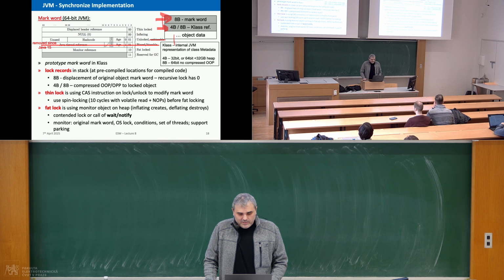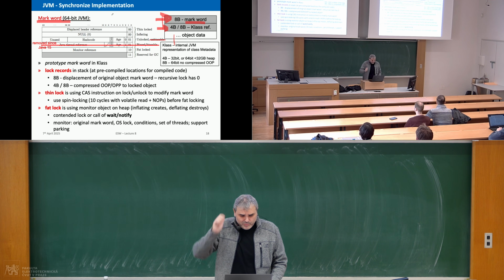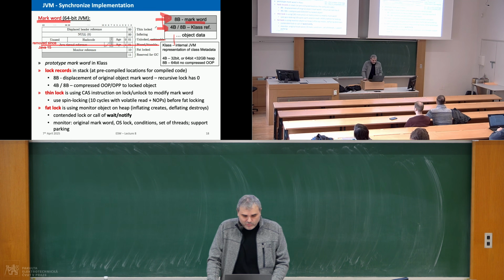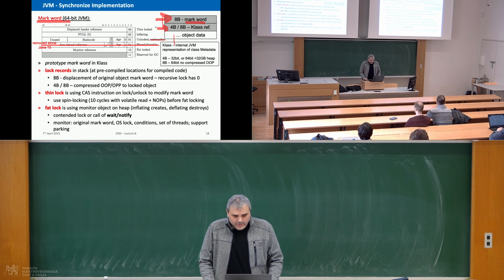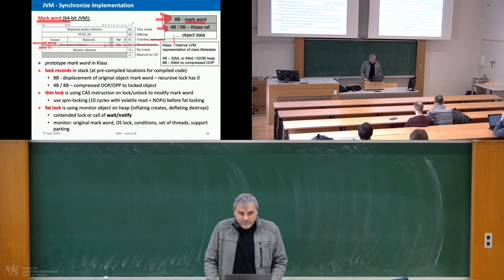But the first part is the mark word, which is 8 bytes. The mark word definition is here on the left side. It's about the 64-bit JVM. For the 32-bit JVM, it's slightly different, but it doesn't matter. It's almost not used today. Depending on the combination of the lowest 2 bits of that 8-byte number, the value inside the mark word has a different meaning.